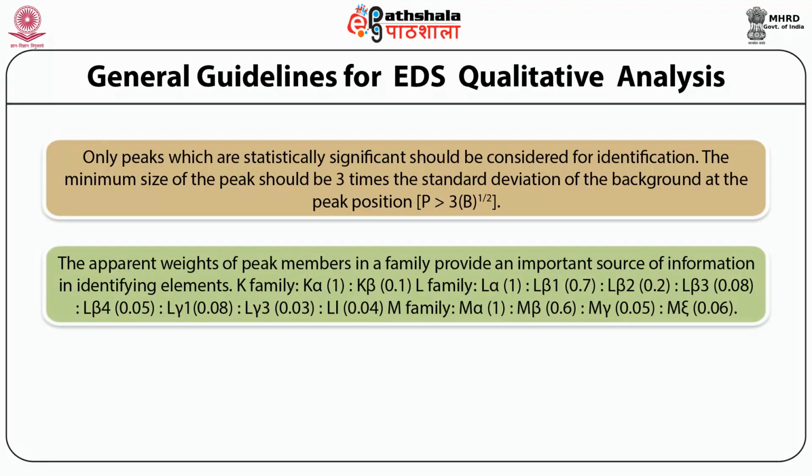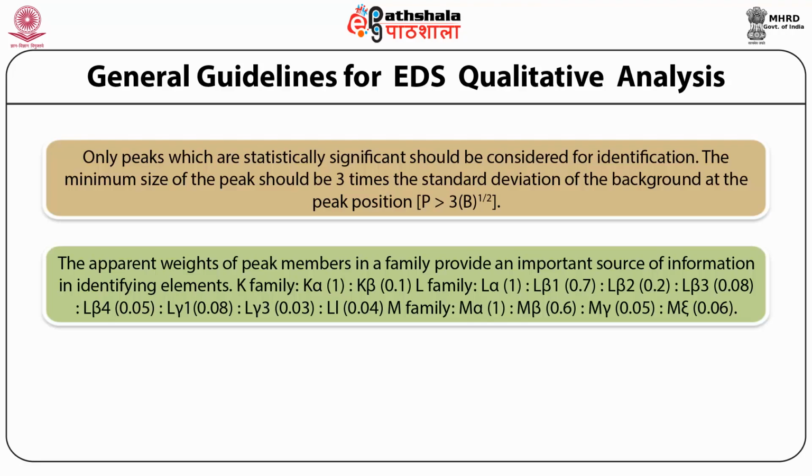The apparent weights of peak members in a family provide an important source of information in identifying elements. For example, K family: K alpha 1, K beta 0.1. L family: L alpha 1, L beta 1 is 0.7, L beta 2 0.2, L beta 3 0.008, L beta 4 0.05, L gamma 1 0.08, L gamma 3 0.03, Ll 0.04.